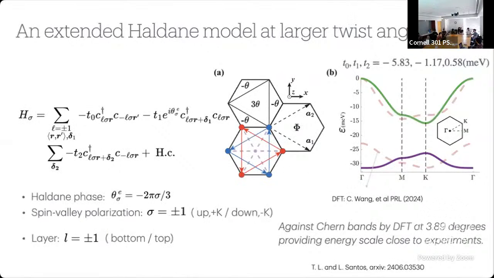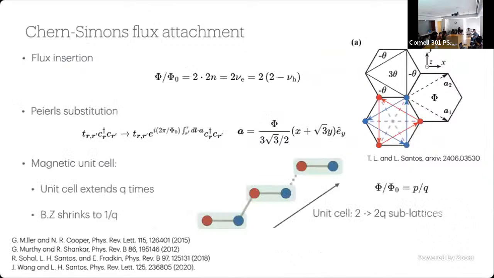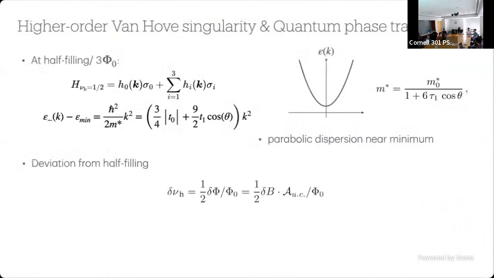Okay, thanks. Maybe a quick question about the higher order Van Hove. Are they fine-tuned, as in, normally, right? You have to tune a lot of stuff to make sure that you get to a certain number of derivatives, something like that. Oh, so like I mentioned, at half filling there's 3 flux quanta, and the Hamiltonian is still 2 by 2.